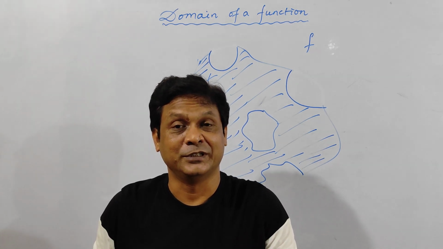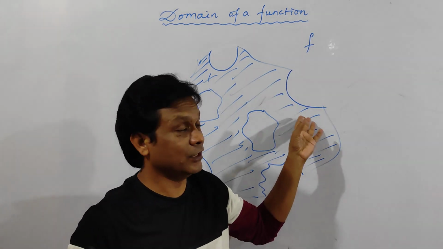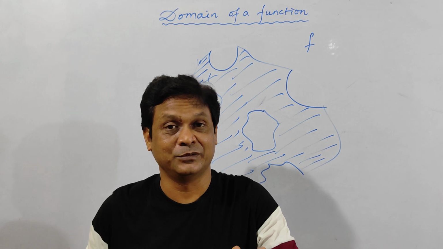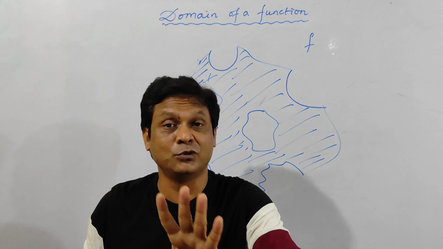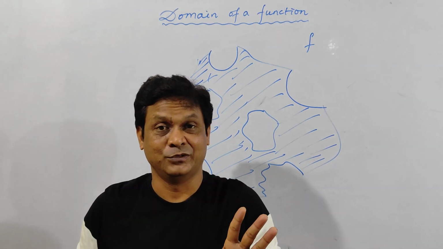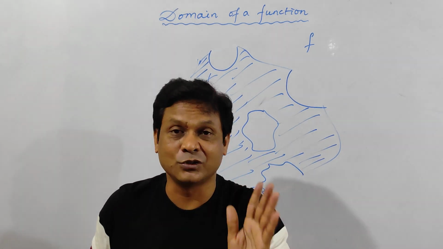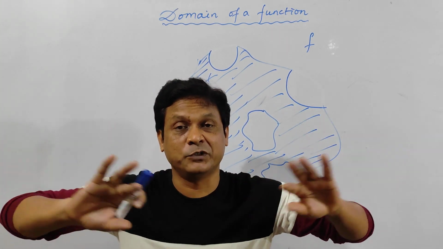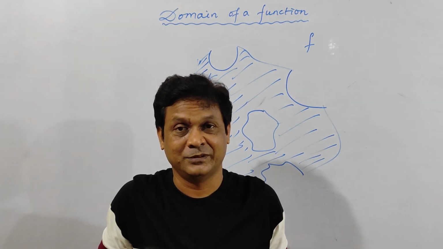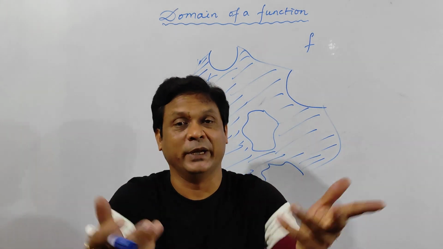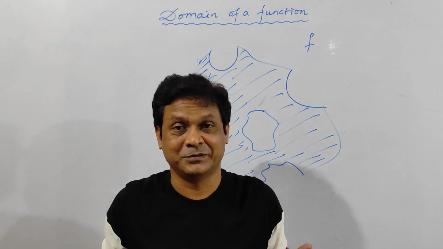Clear? You should find out the region in which you are well defined. Those houses or those people who do not know you, eliminate those people from the whole world. And the remaining people are your domain because they know you better.